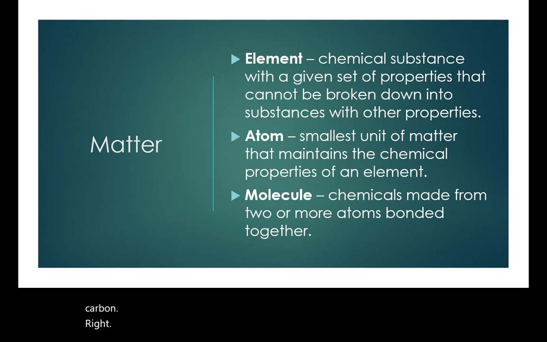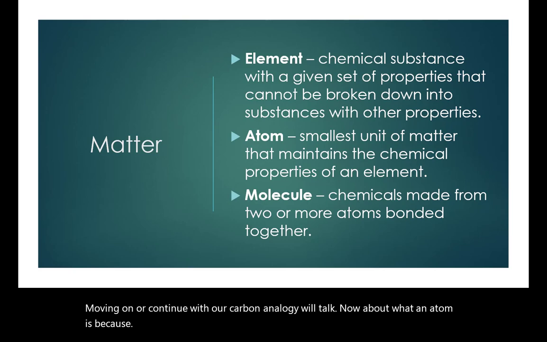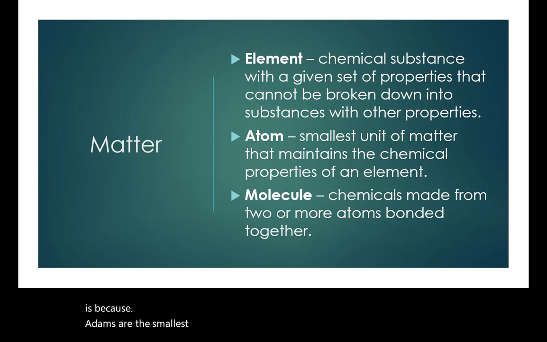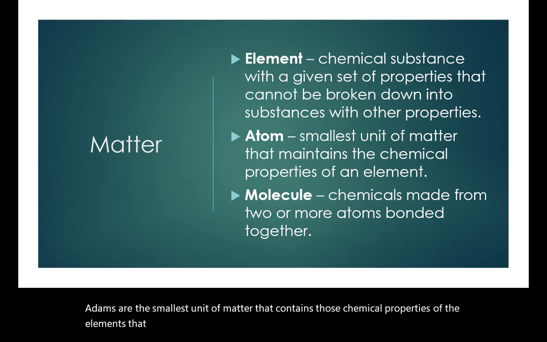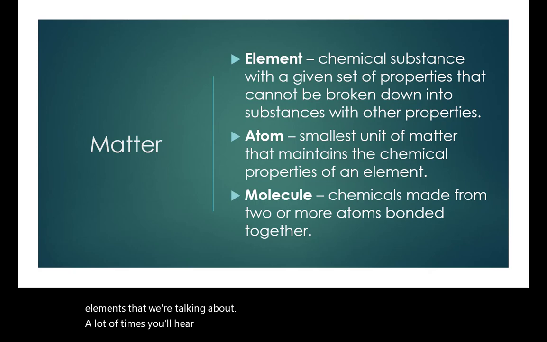Continuing with our carbon analogy, we'll talk now about what an atom is, because atoms are the smallest unit of matter that contains those chemical properties of the elements that we're talking about. A lot of times you'll hear an atom described or defined as the fundamental unit of matter.